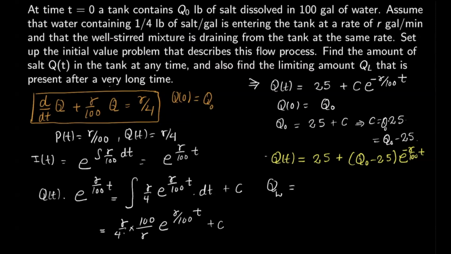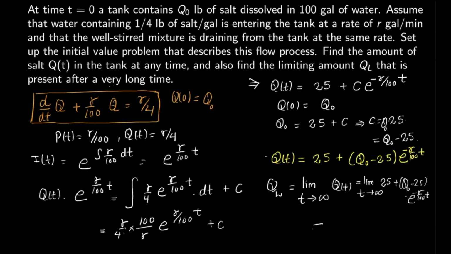Limiting value means when time goes to infinity, what amount of substance will be present in the solution. So we can use the limit. We can say, the limit as time goes to infinity of Q of t, or in other words, the limit as time goes to infinity of 25 plus Q of 0 minus 25 times e to the power minus r divided by 100 times t.